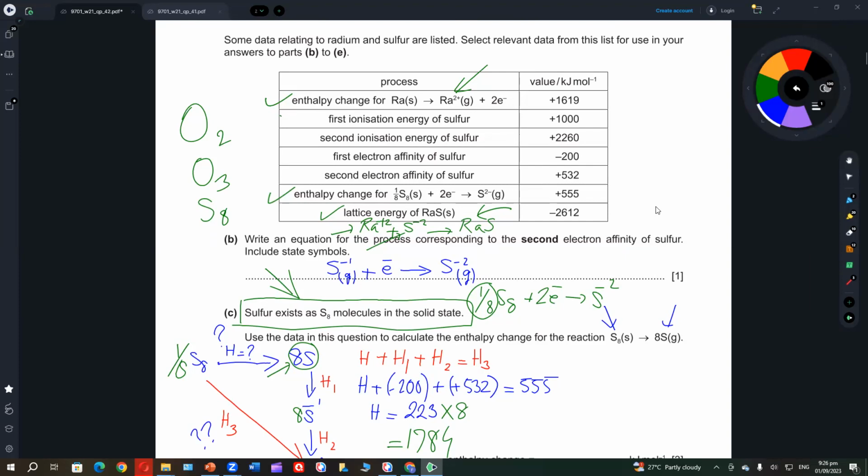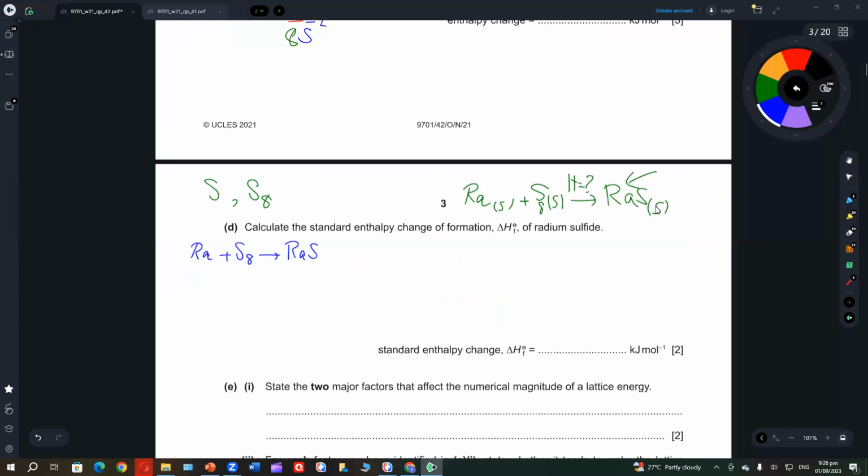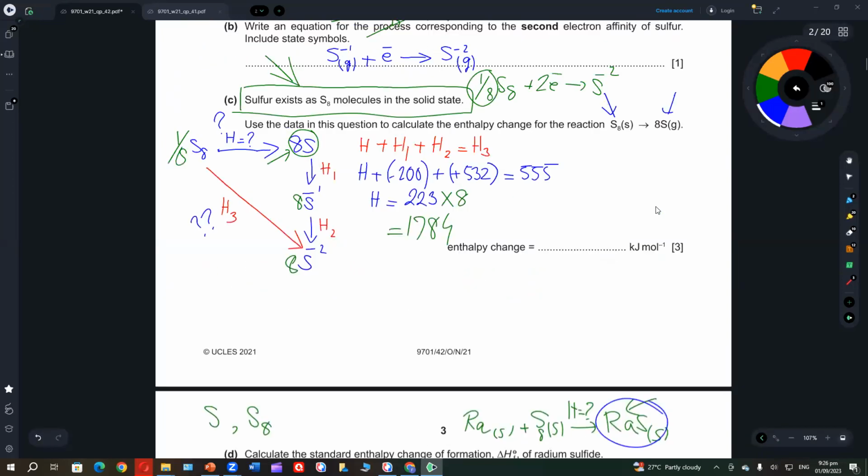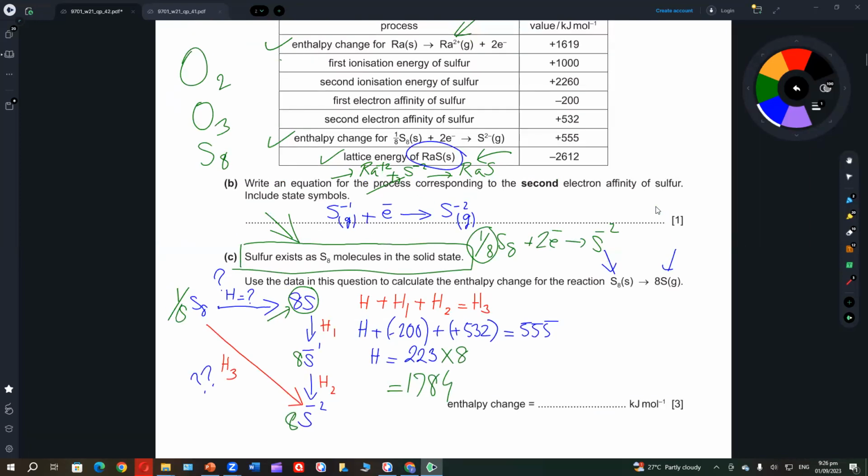Now you have to help me making this because I have a common connection. This is RaS and this is also RaS.